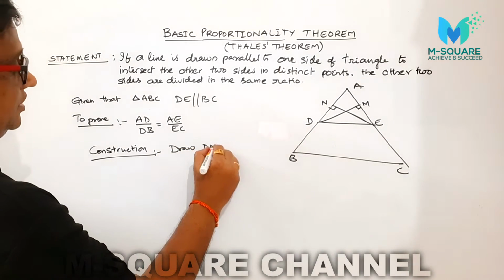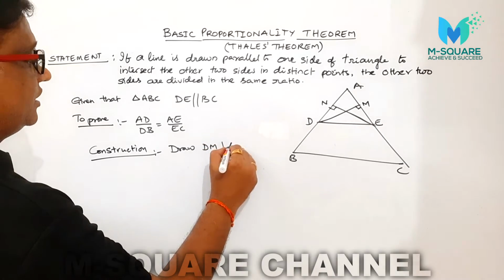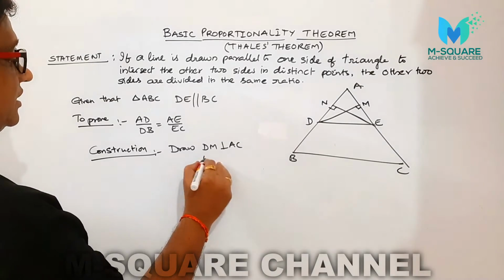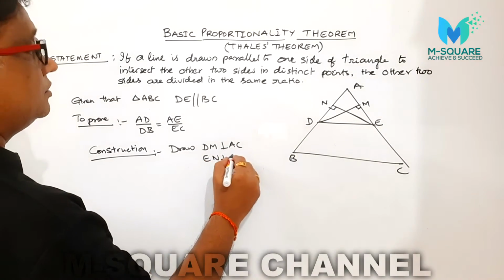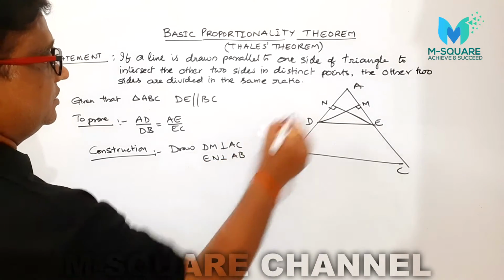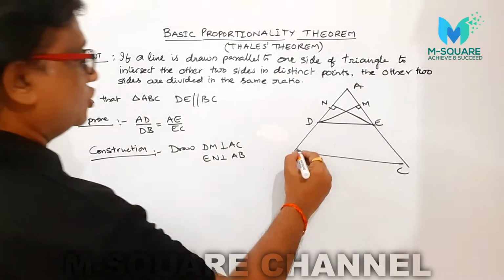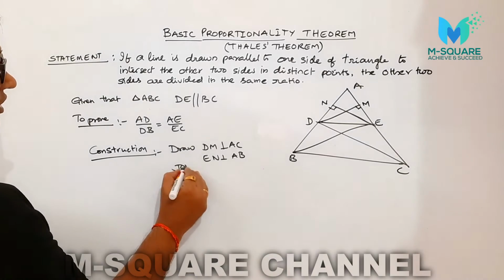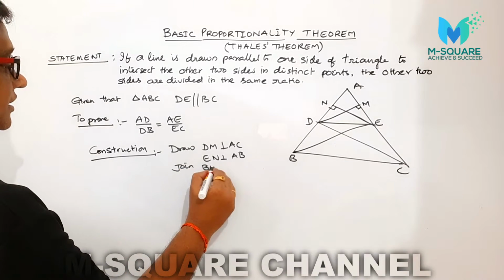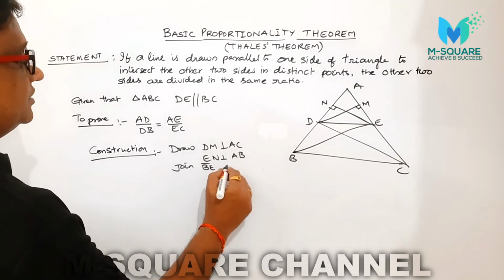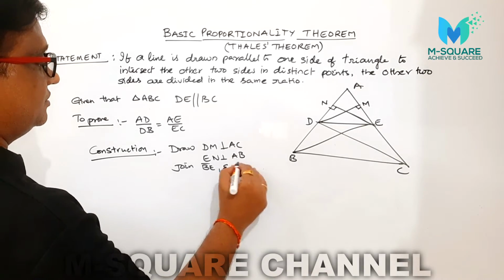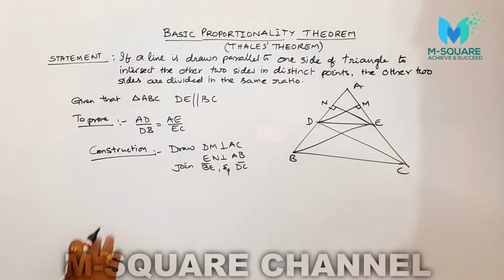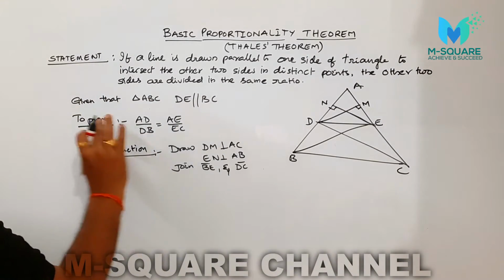DM is perpendicular to AE or AC, both the same line, and EN is perpendicular to AB or AD. Next, join BE and DC. This is the construction part.